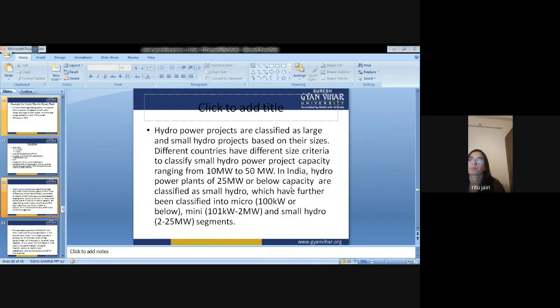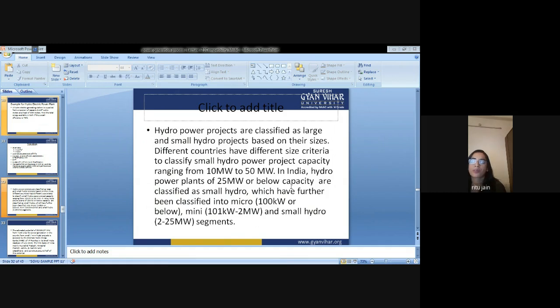In India, hydropower plants of 25 megawatt or below capacity are classified as small hydro, which have further been classified into micro and mini. So we can classify the hydropower plants into three categories: one is small hydropower plant, another is micro hydropower plant, and the third is mini hydropower plant.